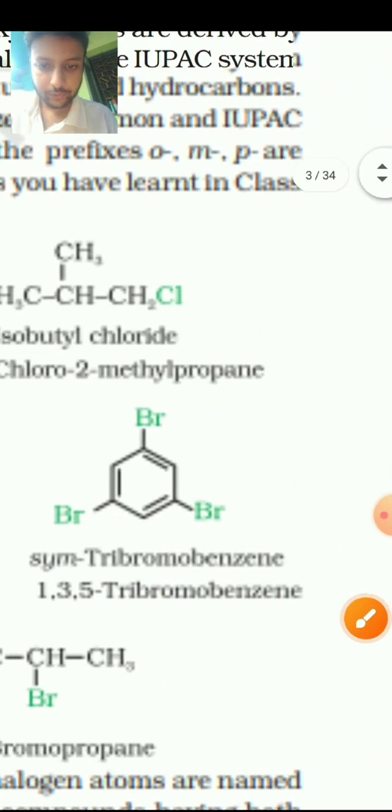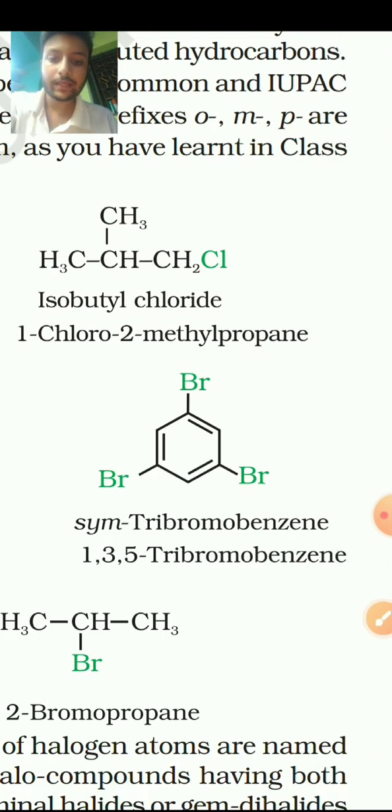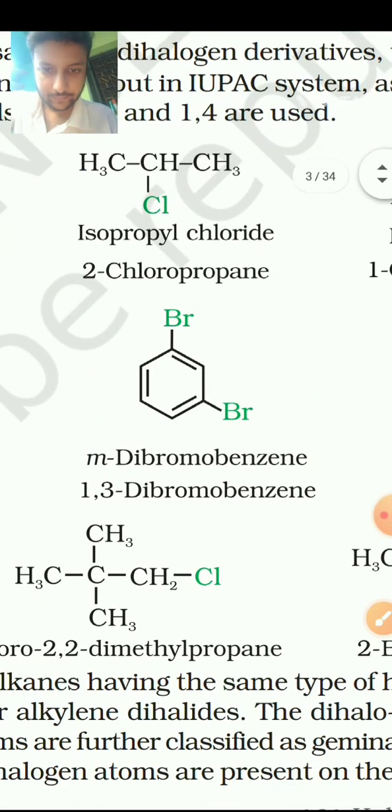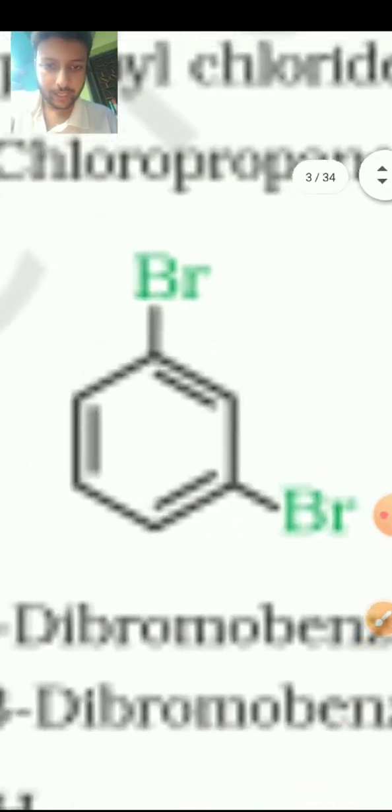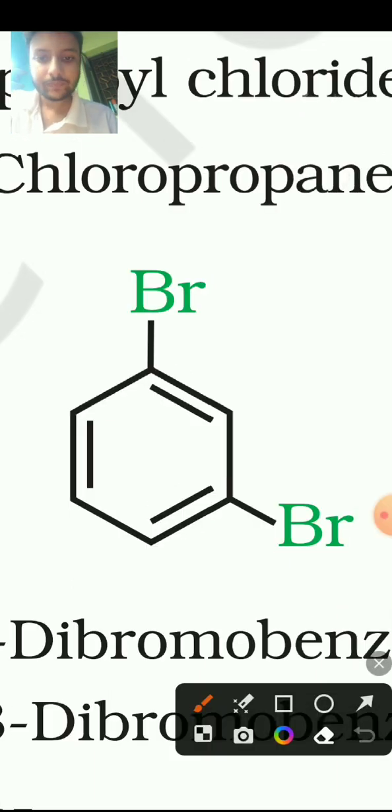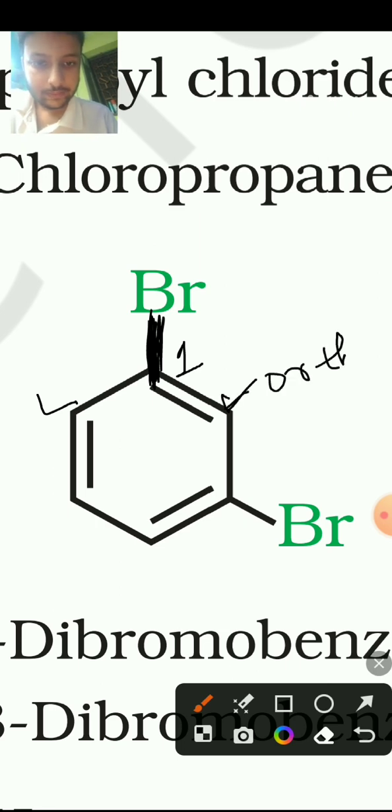Okay, let's move to this. This is in the same fashion, you will go like 1,3,5-tribromobenzene. Okay, one more thing I would like to tell you: if I'm giving this carbon as number 1, then these two positions are ortho positions.